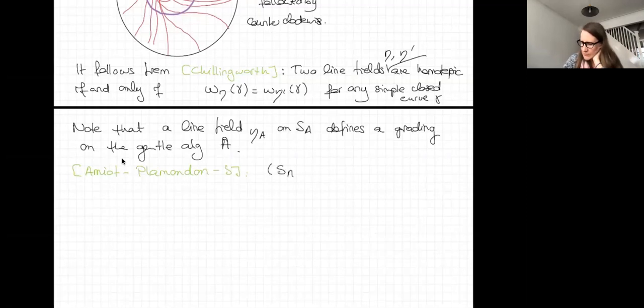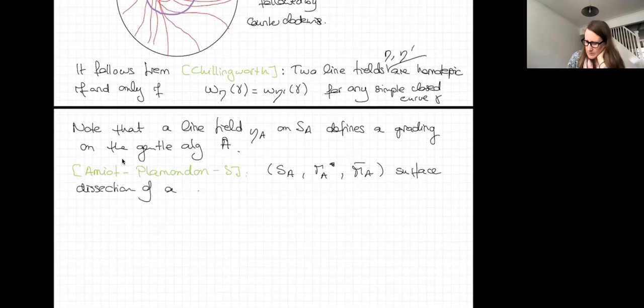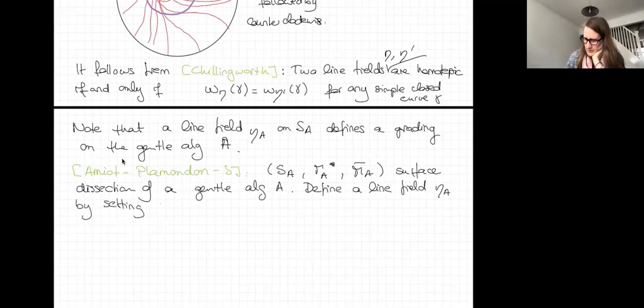So now we start with a Genta algebra A, which is trivially graded, and the geometric surface model, the surface dissection of A, so no grading. Then we define a line field eta A by setting it for each polygon.